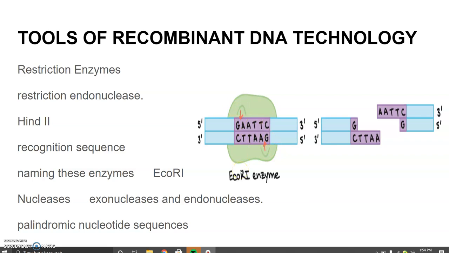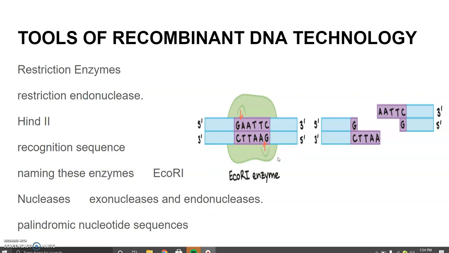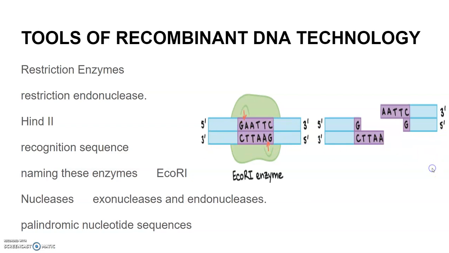And each restriction endonuclease recognizes a specific palindromic nucleotide sequence in the DNA. So this is a palindromic nucleotide sequence in the DNA. Now, what are palindromes? These are a group of letters that form the same words which read both forward and backward. They read the same.